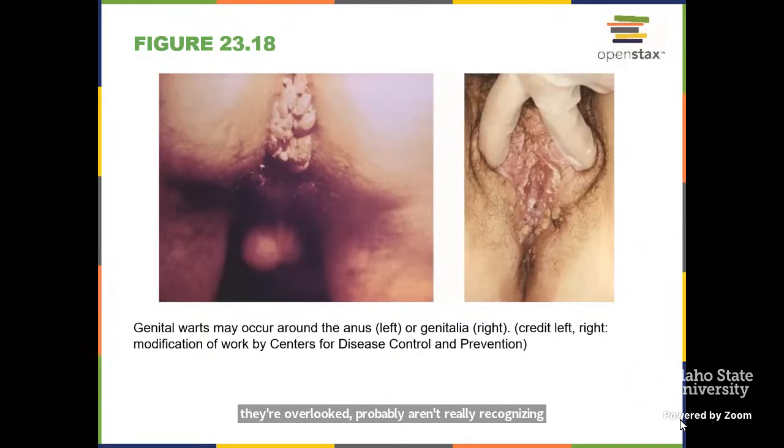So human papillomaviruses: there are numerous types of papillomaviruses, and we saw some warts before. Genital warts are another potential, and a handful of papillomaviruses may set the stage for this.